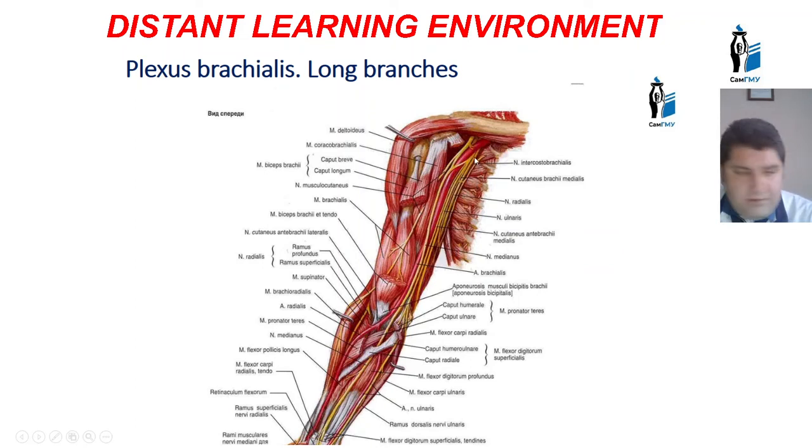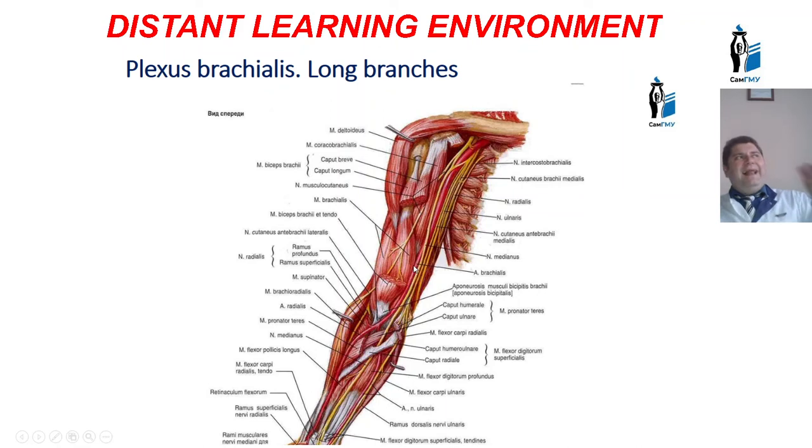Also you may see that from the medial fasciculus passes the ulnar nerve, you may see it here, to the forearm, and also the medial antebrachial cutaneous nerve, you may see the initial parts of it here. And also you may see that from the medial and lateral fasciculi, from the roots of this nerve, starts the median nerve, nervus medianus, which passes to the forearm.